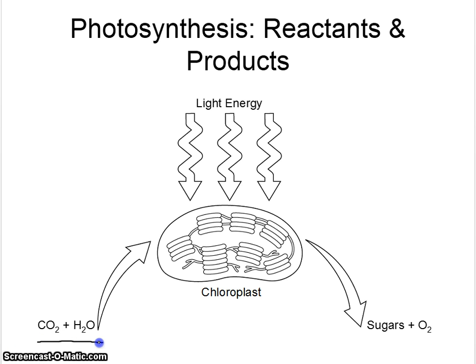So you have the reactants plus light energy. Light energy is also a reactant, very important. None of this could happen without the energy from the sun, those high energy electrons from the sun. And then these over here are your products, sugars and oxygen. So reactants, carbon dioxide, plus water, plus light energy, yield sugar and oxygen.